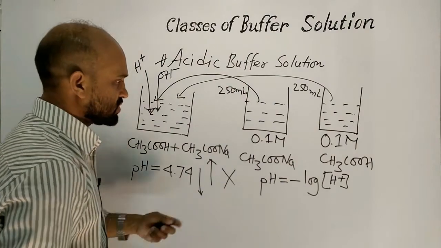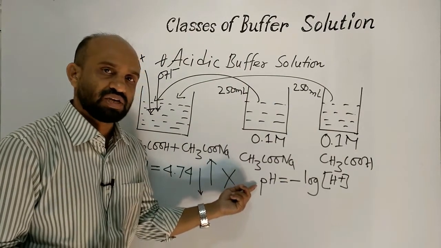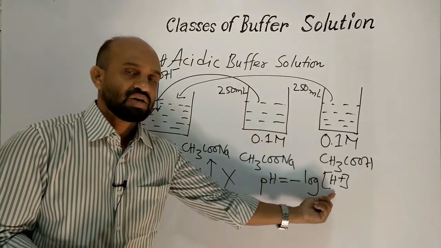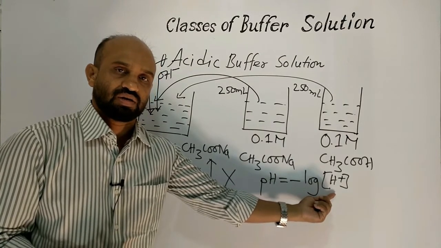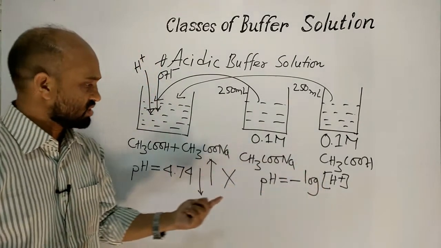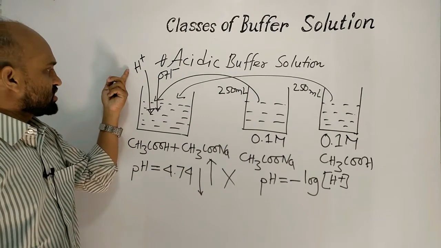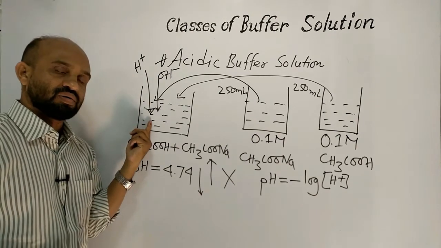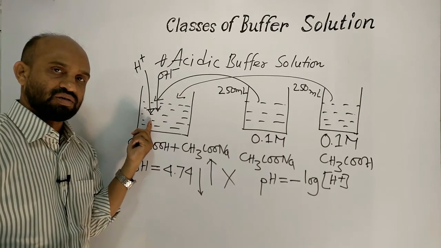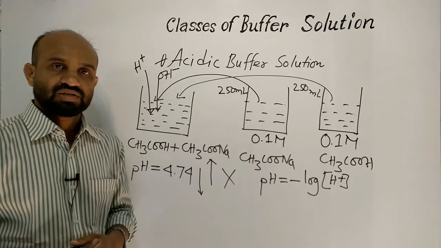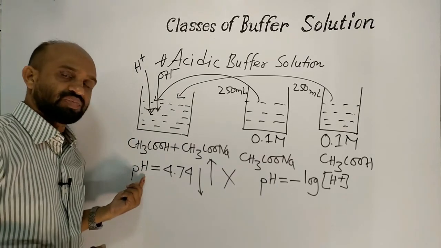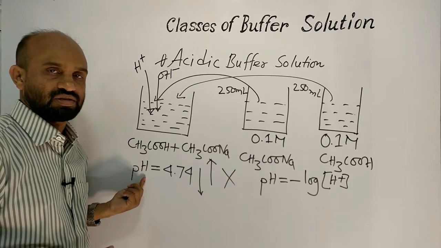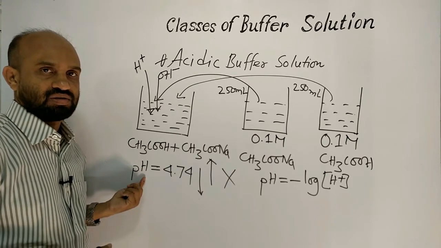So pH value changes with the change of hydrogen ion concentration. But here, after the addition of proton, hydrogen ion, that means a strong acid, pH value doesn't change remarkably.